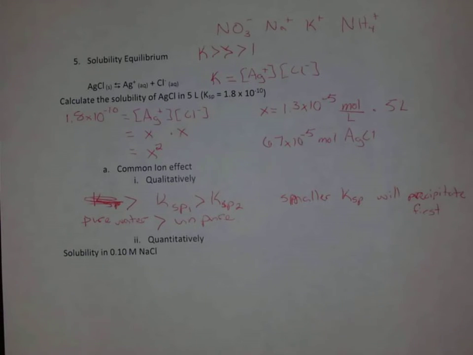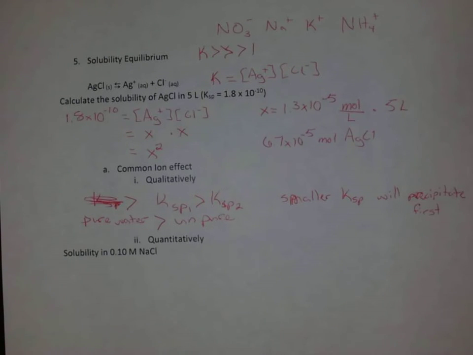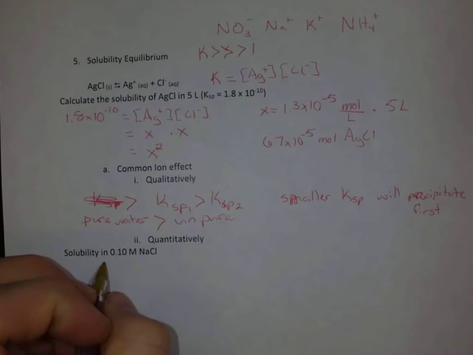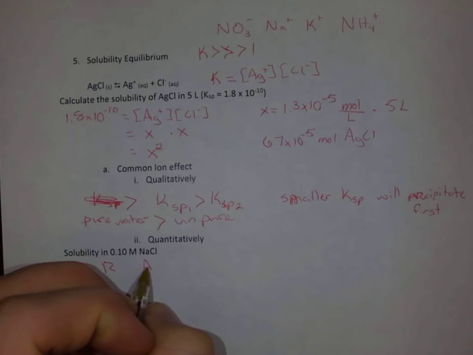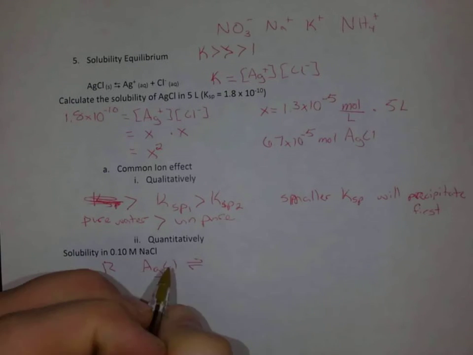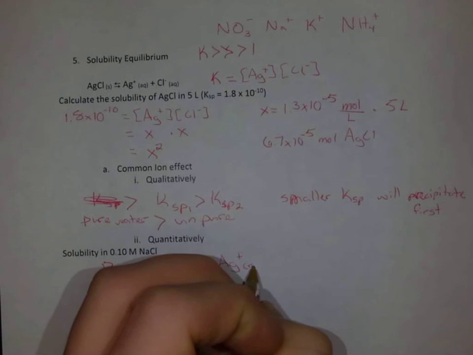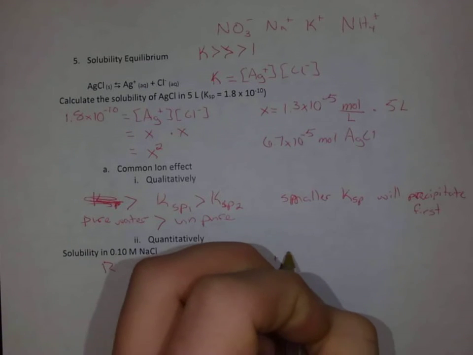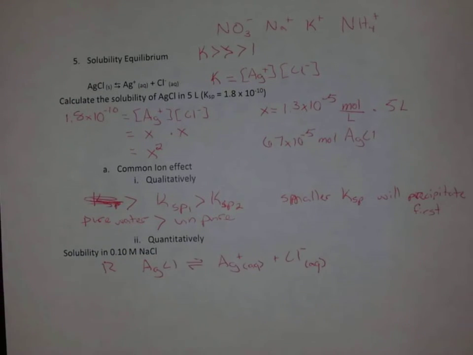So let's take that same AgCl, but now let's have it in a 0.1 molar NaCl solution. So we're going to create our ICE table. Our reaction, of course, is AgCl dissolving, and so it's going to be Ag+ aqueous and Cl- aqueous.